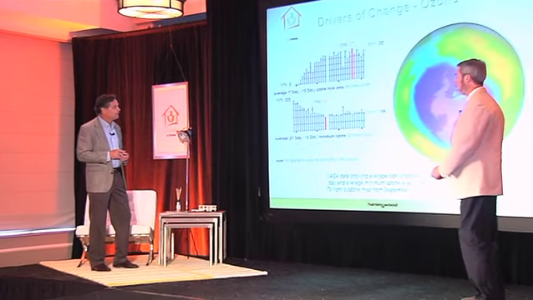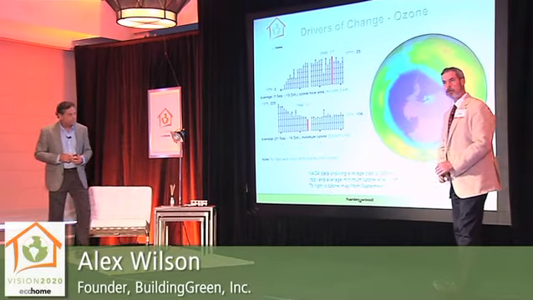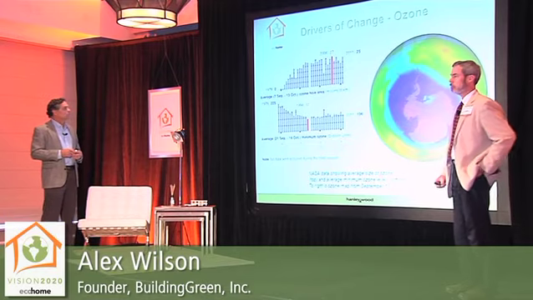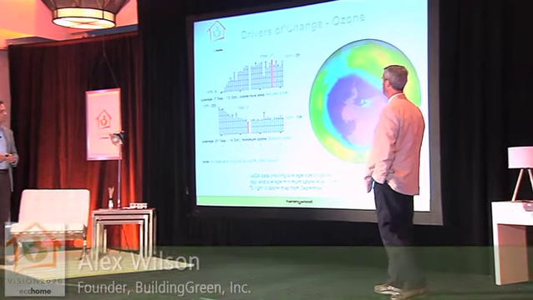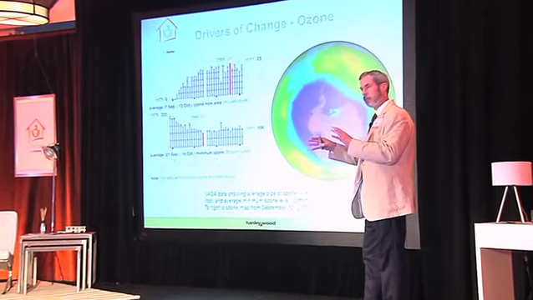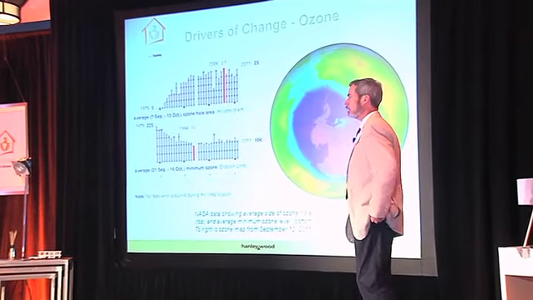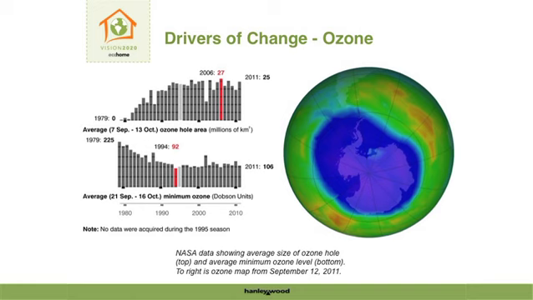All right, let's back up a little bit and talk about some of the drivers that affect the green building community and the industry. And I'm going to just touch on a few of these. There are many drivers out there. One that provides, I think, a very good example of how manufacturers responded was the ozone hole. This was theorized back in the 70s. It was first identified and measured in 1985.